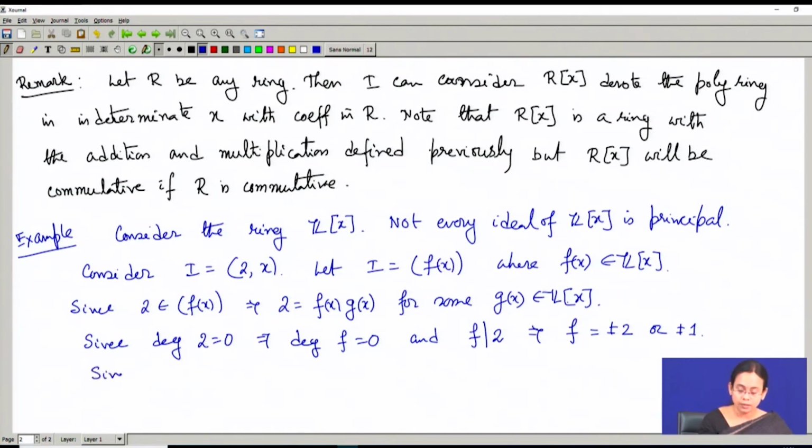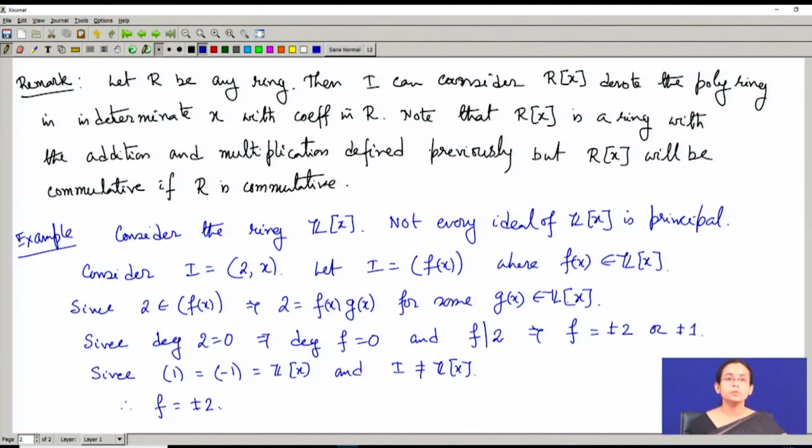Therefore, f has to be equal to either plus 2 or minus 2, since the ideal generated by 1 and minus 1 is nothing but the whole ring and I is not the whole ring. But if f is equal to plus 2 or minus 2, then there is a problem because x belongs to the ideal generated by f(x).